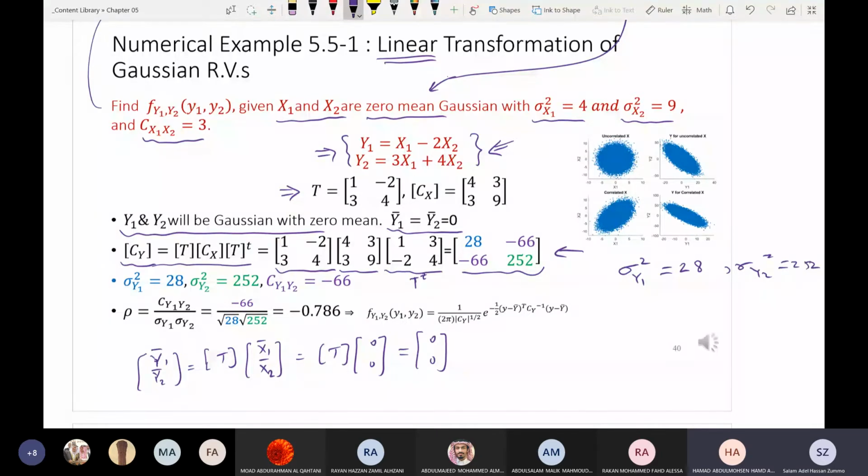Yes. Now through the private chat, send me what is C of y1, y2. Send me this from what you read in the matrix here. What is the covariance between y1, y2?